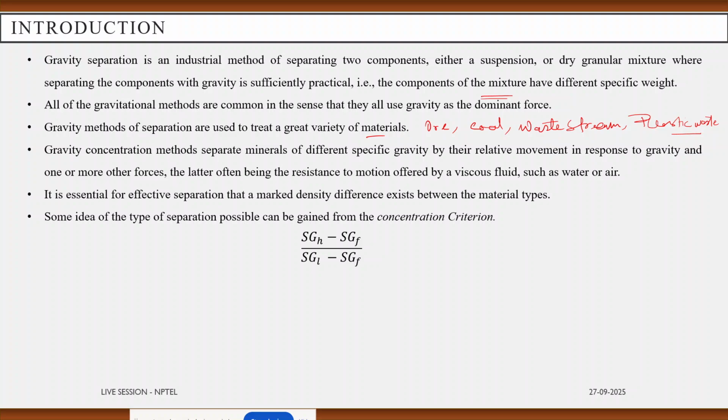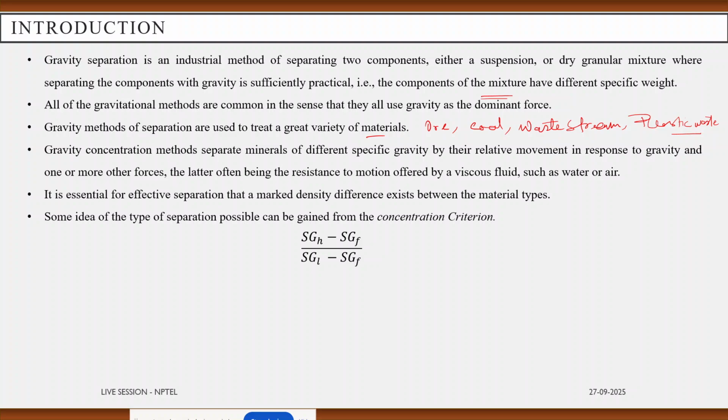When they are in a fluid like water or air, they feel some resistance in motion from any viscous fluid present. There the gravity concentration methods play a great role in dividing or sorting that mixture of particles into fractions.